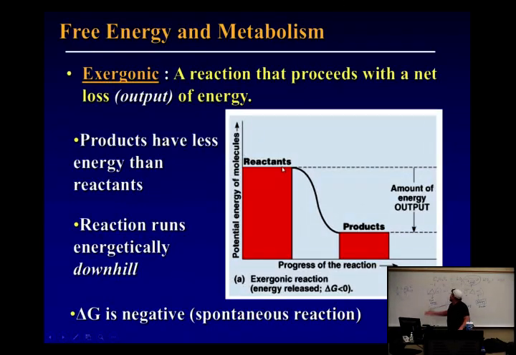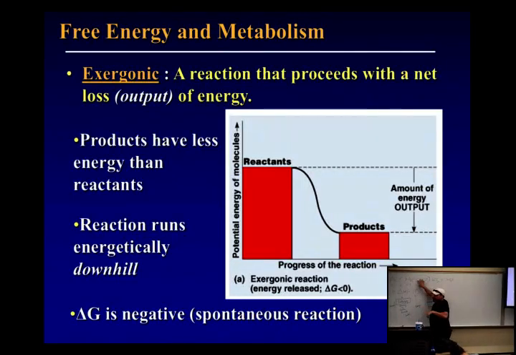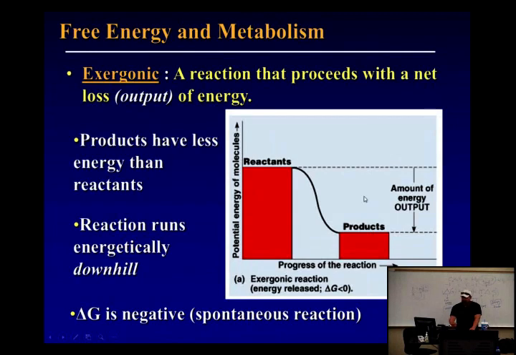So this describes this reaction, right? The energy in the reactants has to be bigger than the energy of the products. Otherwise, we wouldn't get any energy out of it, right? This graph is showing you that in an exergonic reaction, the reactants have more energy than the products. And remember, the law of thermodynamics says we can't create or destroy energy.